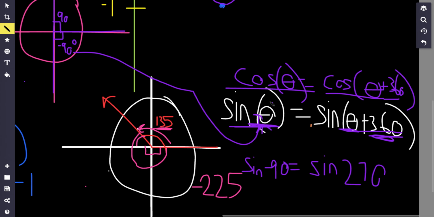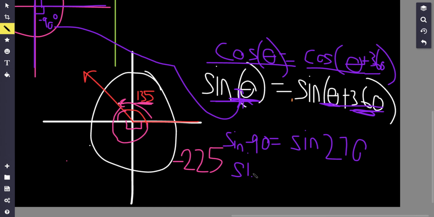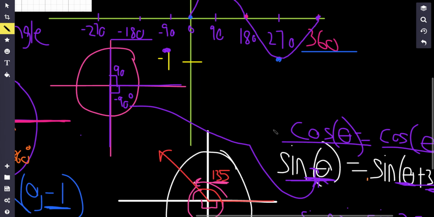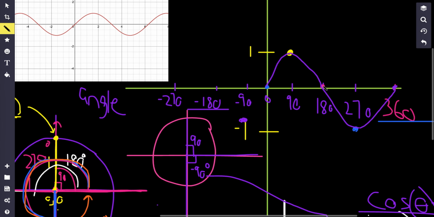If I plug it into this formula, sine of negative 180 is equal to sine of negative 180 plus 360. That's the same thing as sine of 180. Sine of 180, we saw, is equal to 0. So this is going to have the same thing, and it's just going to repeat again. It's going to go up, then down, then up, then down, and this pattern is going to repeat over and over again.